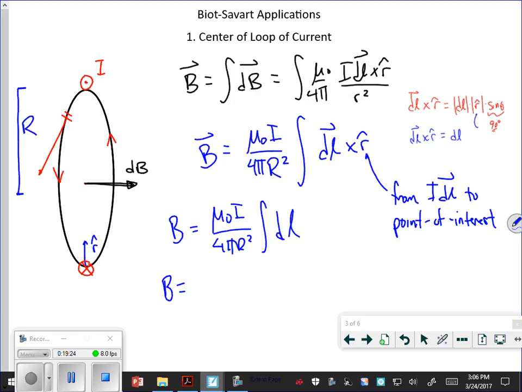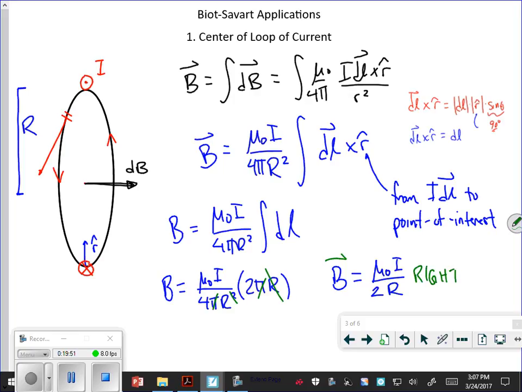So the magnitude of B is mu naught I over 4 pi r squared times 2 pi r, and the magnitude of B is mu naught I over 2r. We can make it a vector equation again by employing what we know about the right-hand rule.